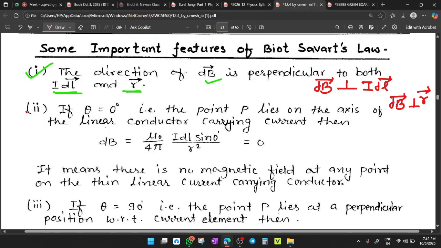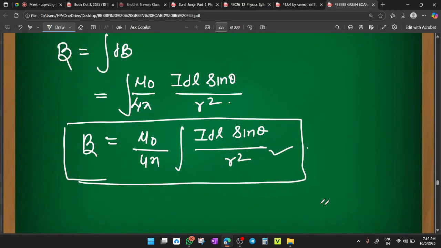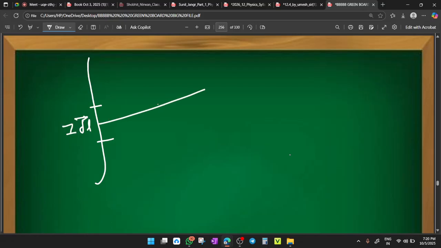Second, if theta equals 0 degree, meaning when your point is lying on the wire. See here, this is your wire, and this is your current element I dl, and this is your radial vector, the position vector of point P, and this is angle theta.